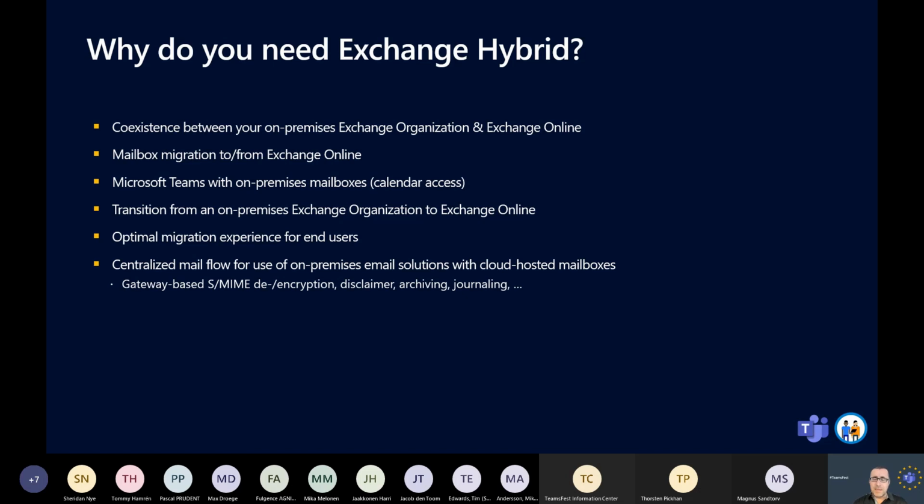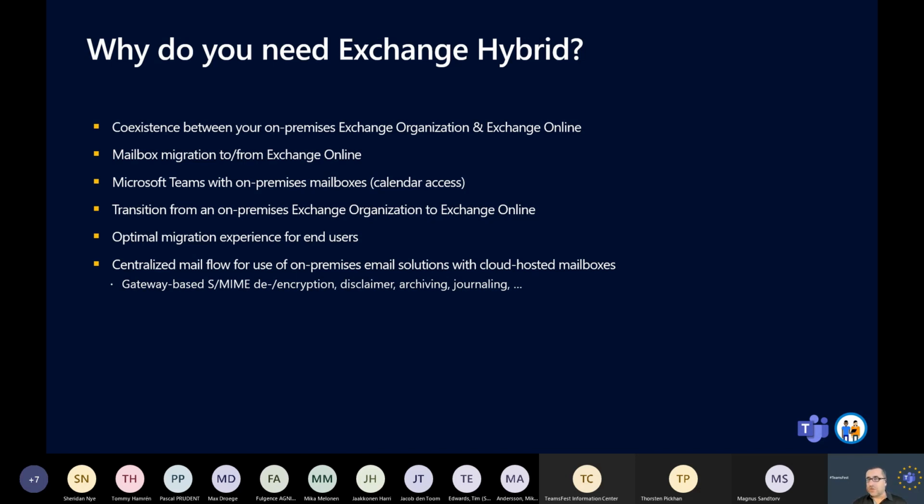Besides Teams, there might be an additional requirement to establish a hybrid configuration, especially centralized mail flow. Centralized mail flow is where all Exchange Online mail flow originating to internet recipients is routed to your internal or on-premises Exchange organization first, and then flows via an on-premises gateway to external recipients.